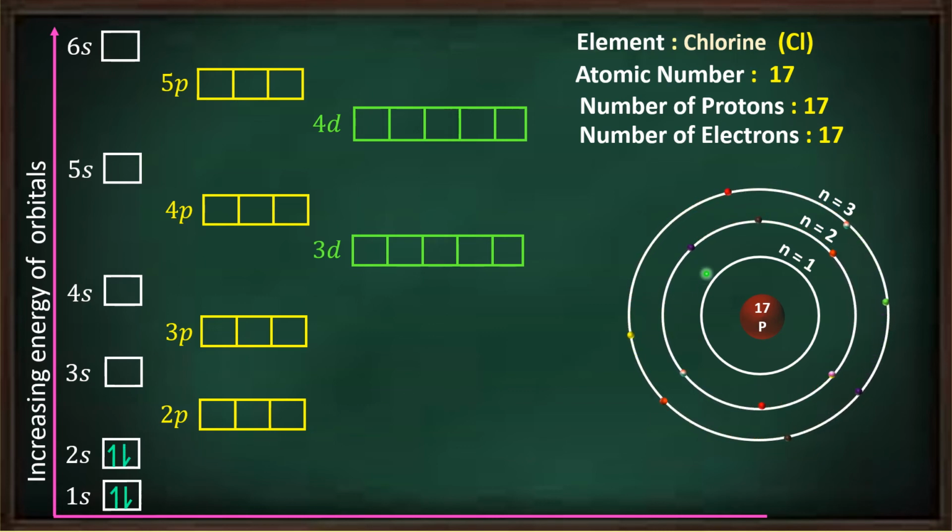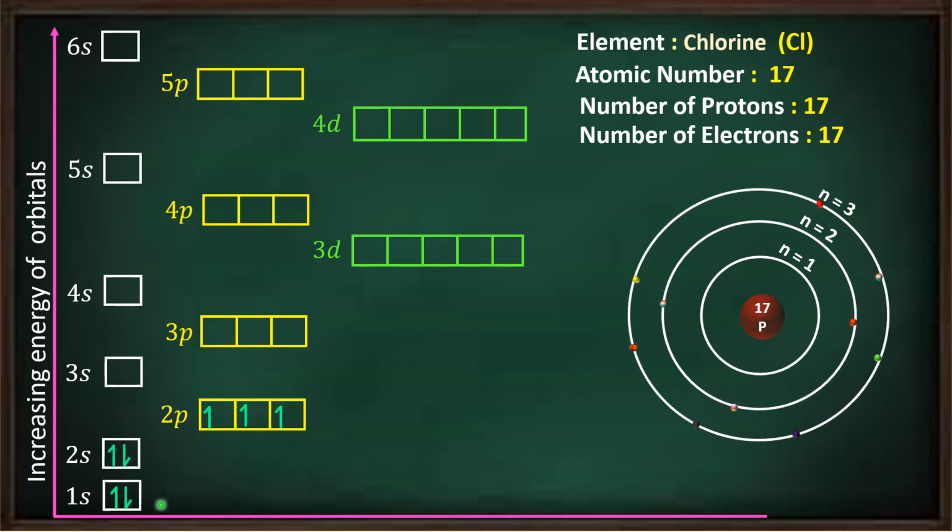Next, the fifth electron occupies one of the empty orbitals of 2p. Next, the sixth electron occupies another empty orbital of 2p. Next, the seventh electron occupies the third empty orbital of 2p. Okay, so all the 2p orbitals are singly occupied. Then pairing will take place from the next electron onwards.